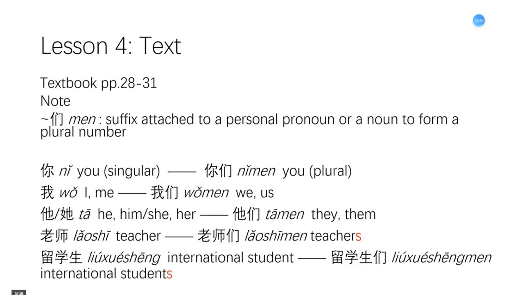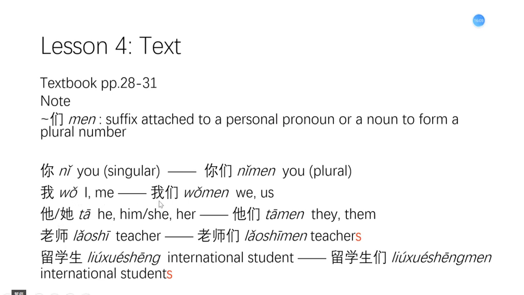And then we can attach this suffix to these pronouns to make pronouns of plural number. Like 你们, which means you, but this is plural, not just one person. And 我们, in English we can say we or us, compared to I and me.